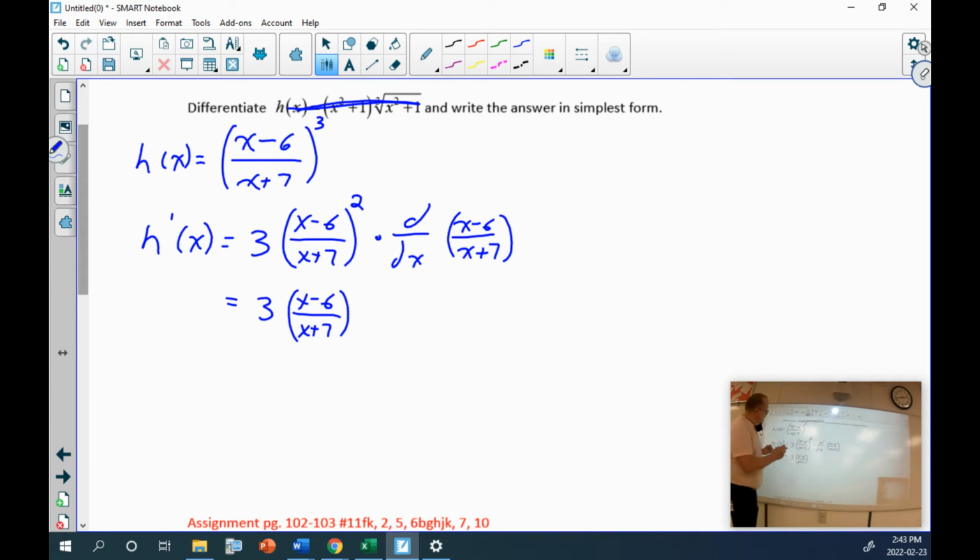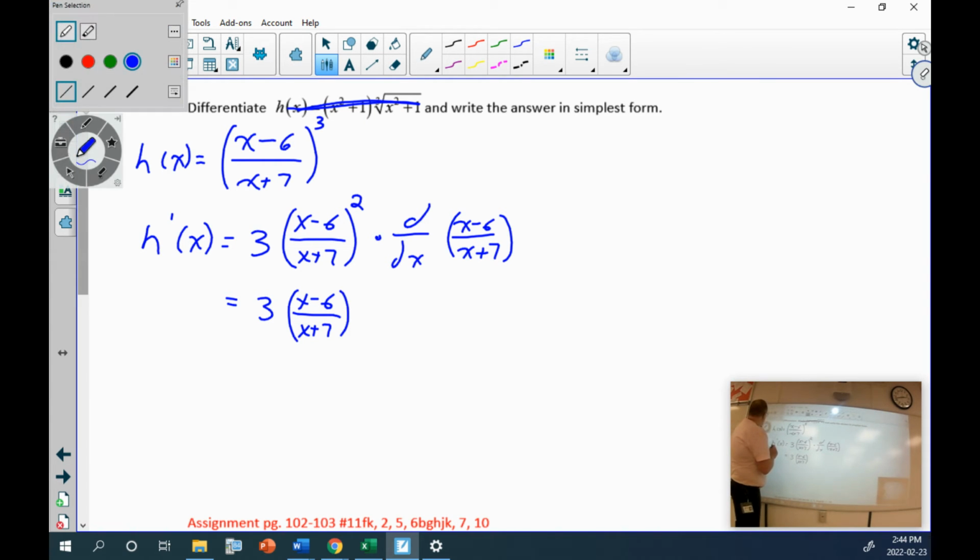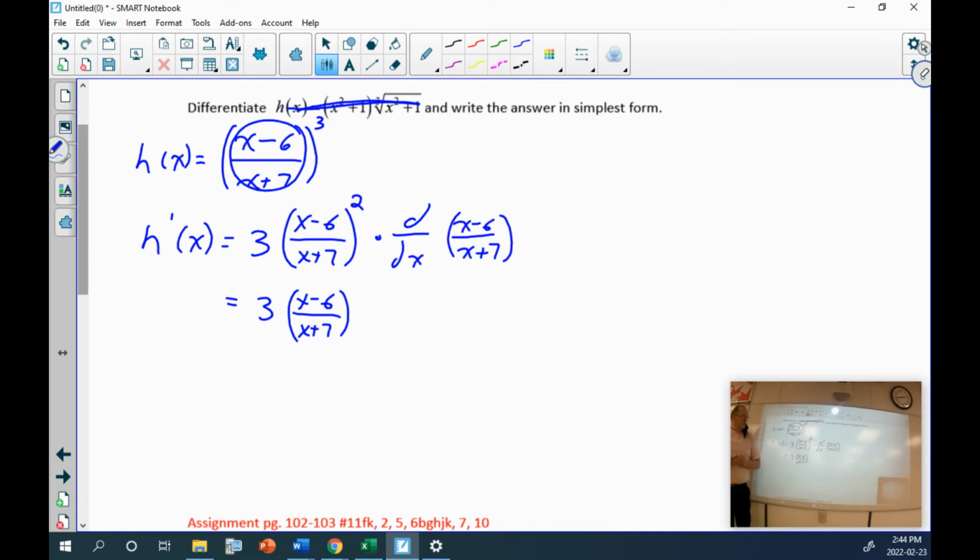No, because we're only looking at what's inside here. We've already dealt with the square or the cube, right? So we're only looking at what's inside that function, the inside function in this case. So you guys understand what I'm saying? Outside function is the cube, the inside function is the quotient.